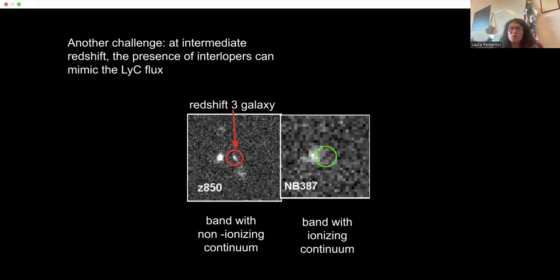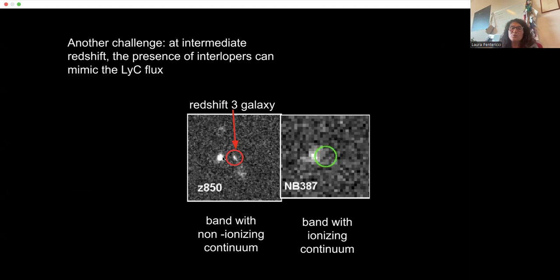And to the right, you see a narrow band at 3,870, which should encompass the ionizing continuum. You see a detection, and you would think, oh, wow, this galaxy has a lot of ionizing flux. But actually, the ionizing flux doesn't come from the redshift 3 source, but comes from the nearby source, which is just outside the red circles, okay?